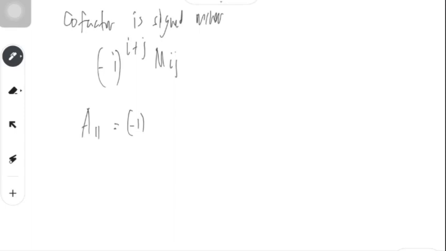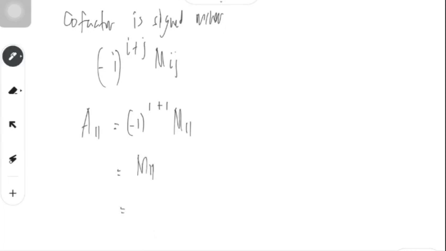So, A11, the position of the element is on the first row. I is 1. Then, first column, J is 1. So, ito ngayon, magiging negative 1 to even power is positive, then equal to M11 in this case. It's a matter of positive, negative eh. So, ito magiging positive M11.